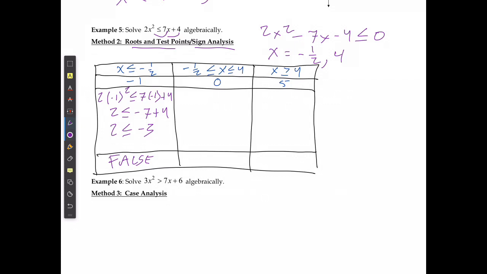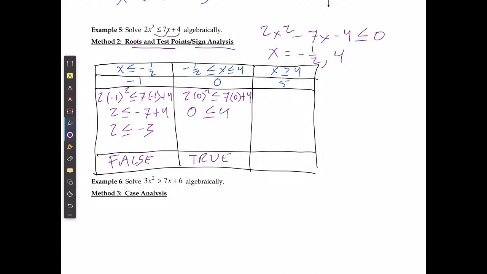In the middle region, 2 times 0 squared is less than or equal to 7 times 0 plus 4. 0 is less than or equal to 7 times 0 is just 0, so 4, that is true.